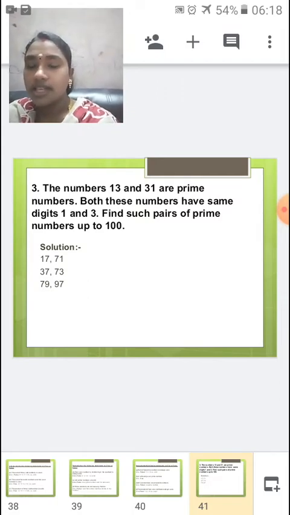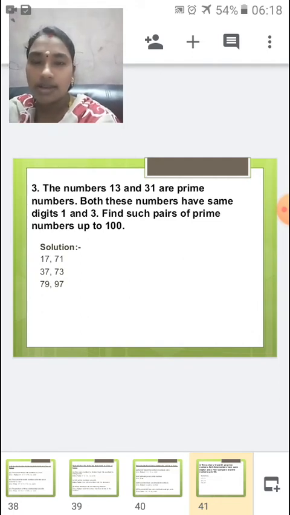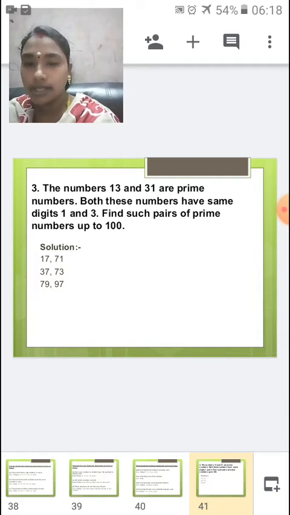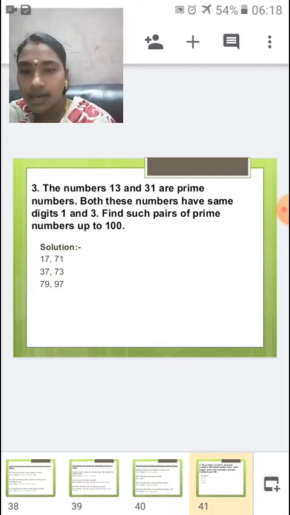So 73 is also a prime number, which has the factors 1 and 73.